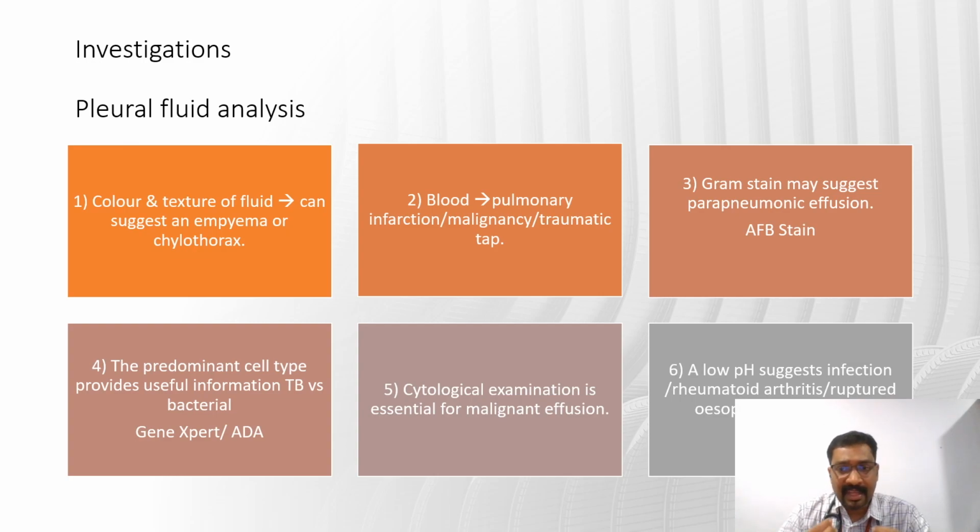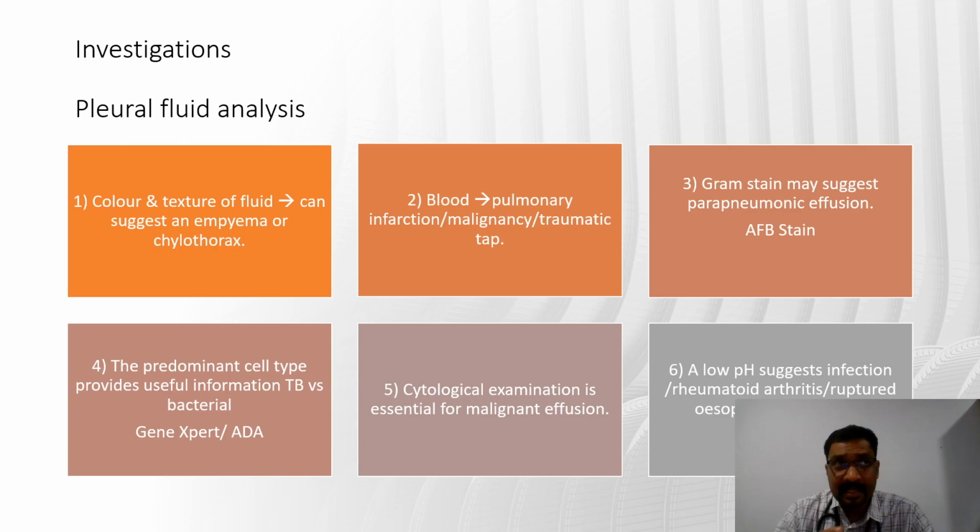If there is a chylous fluid, then obviously it is a chylothorax. So obviously it is important to look at the macroscopic appearance of the pleural fluid after you tap it out. If there is blood present, it could be a part of pulmonary embolism or infarction, can be seen with malignancies and even sometimes when you have a traumatic tap.